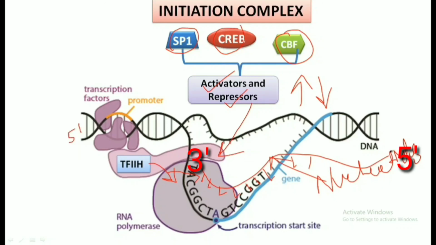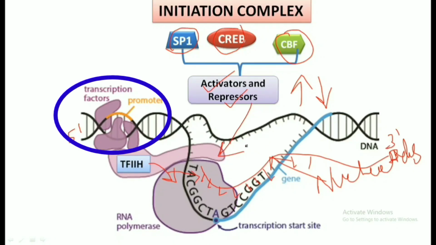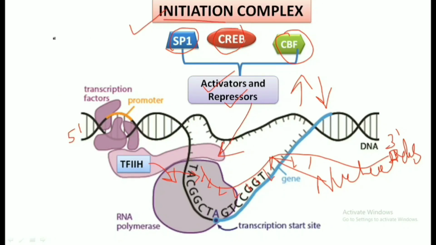So this is how the transcription is initiated in eukaryotes by the RNA polymerase enzyme along with those transcription factors. This is all about how the initiation takes place in eukaryotic transcription.